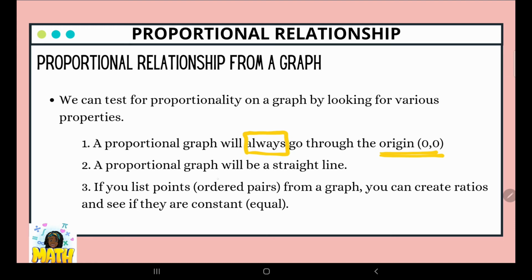A proportional graph will be a straight line. If you list points, which are ordered pairs from a graph, you can create ratios and see if they are constant. Okay, so whatever the ratios are, they should have a constant of proportionality.